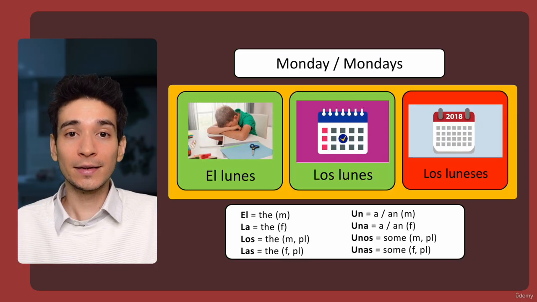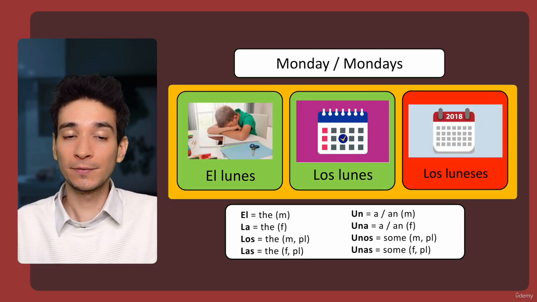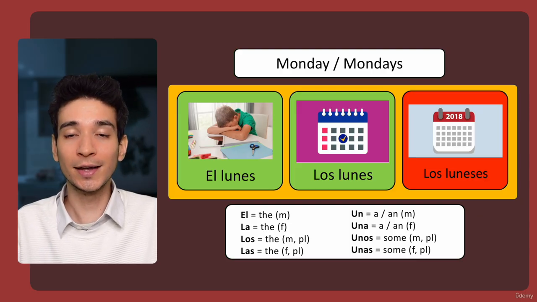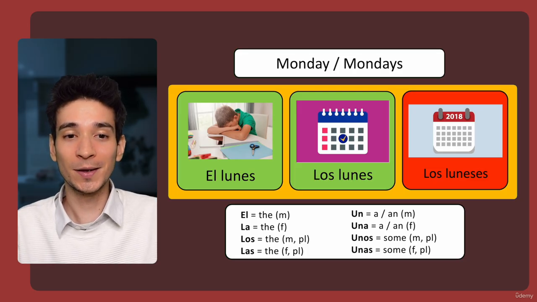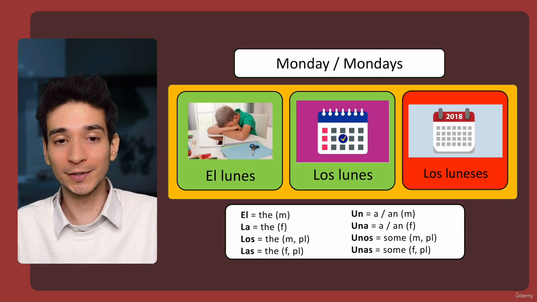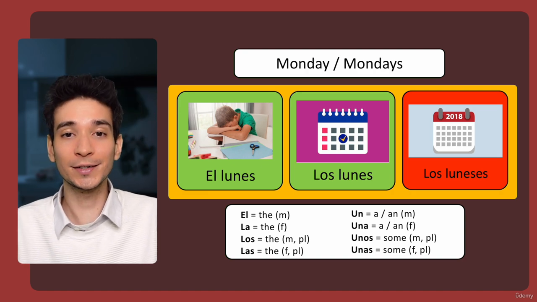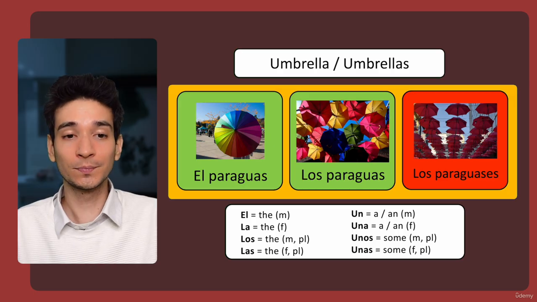Here's an example where the last letter doesn't change. For example, el lunes becomes los lunes. But we do not say los luneses. We would say los lunes. And the same example goes for umbrella.